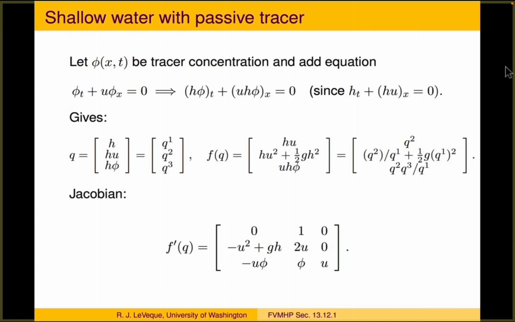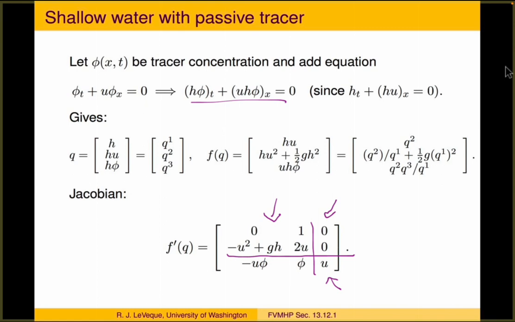And if you notice, this is a block structured matrix. We have a 2×2 block up here, which is exactly the Jacobian of the shallow water equations. And then we have u, this additional eigenvalue that comes from the advection equation that we added. Because these are zeros in this column up here, we can look at this as a block diagonal matrix with a 2×2 block and a 1×1 block.